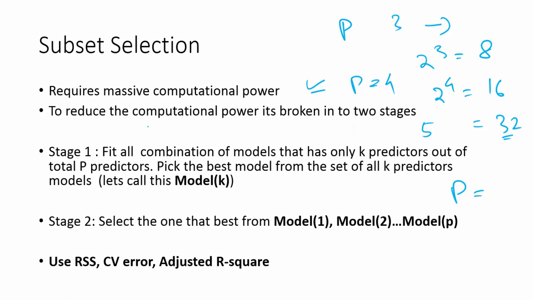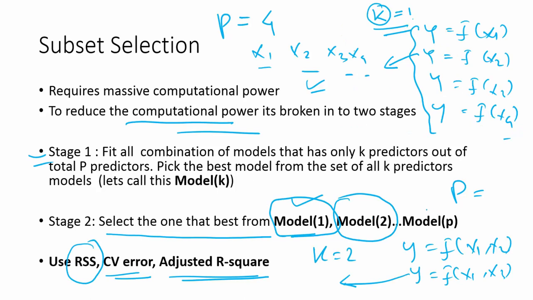So to reduce the computational power needed, the algorithm is broken into 2 stages. In the first stage, you take all combinations of models that have only k predictors out of the total p predictors, and pick the best model from that set. So from each number of predictors, you will have one best model, right?